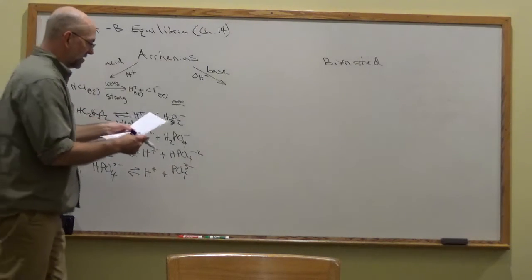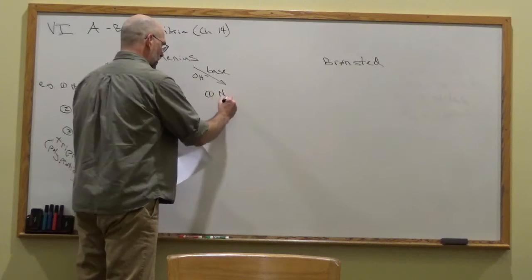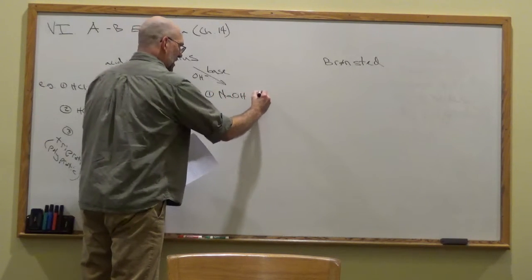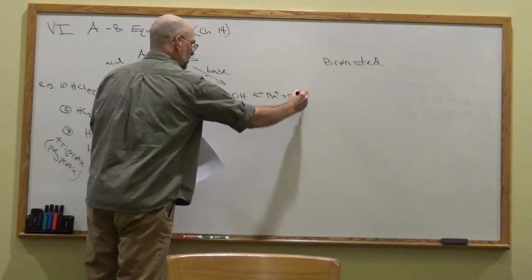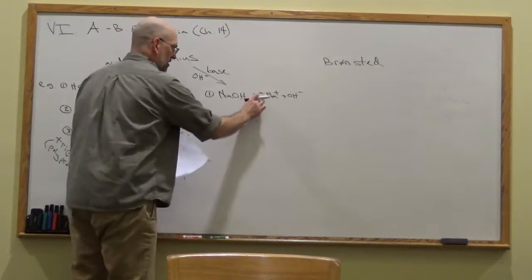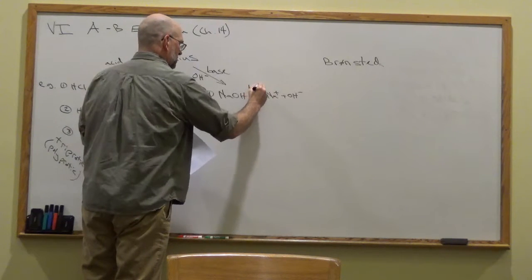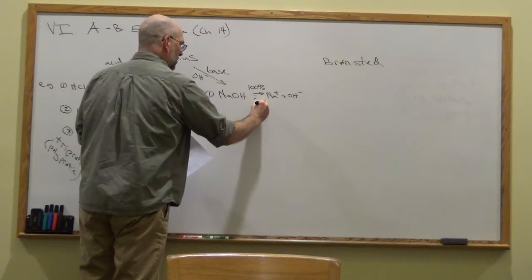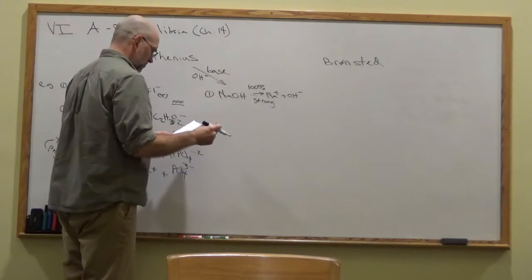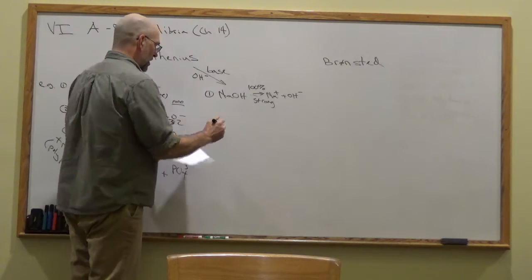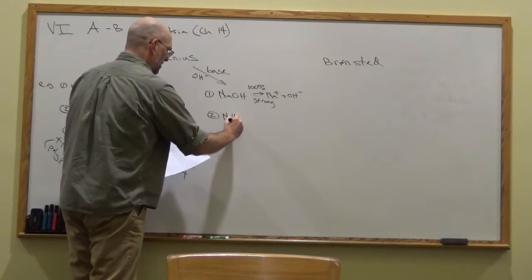Examples of Arrhenius bases, we've already seen some of these. Again, I'm not writing aqueous. Oops, that's incorrect. So that would be an example of a strong base. And I think we did this one before.